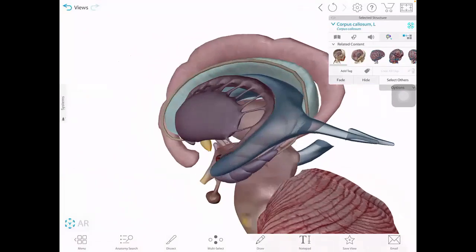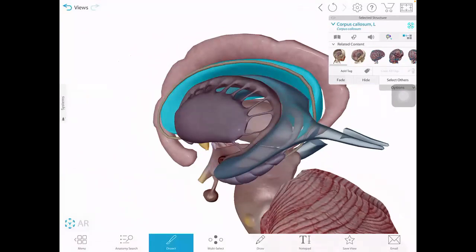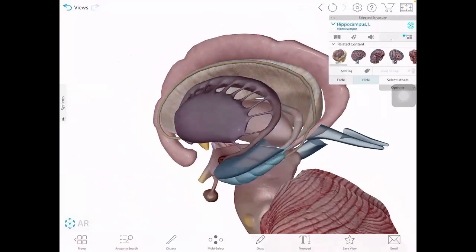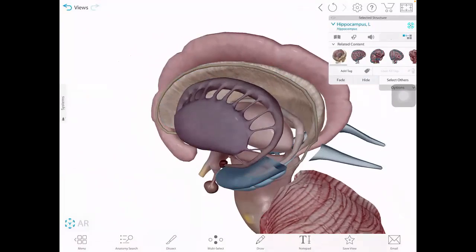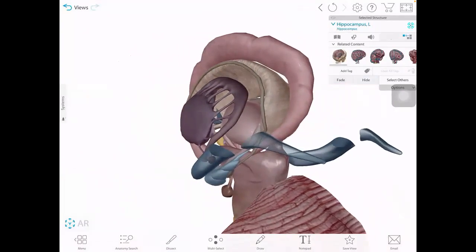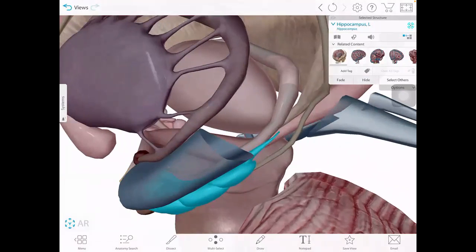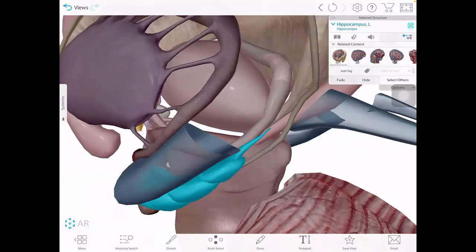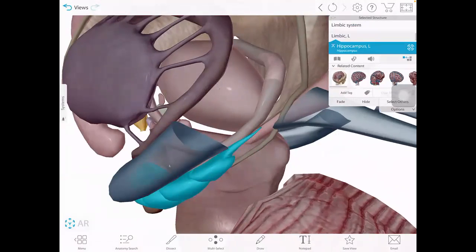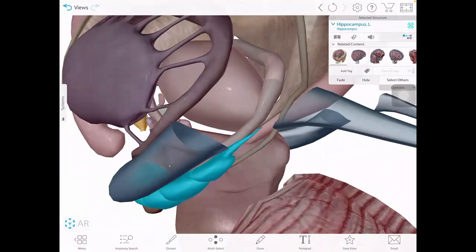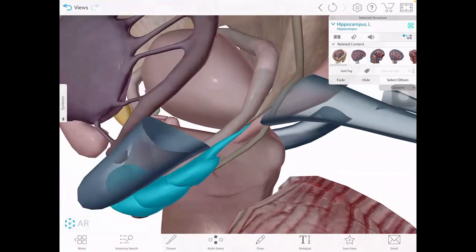And now here, when I dissect the lateral ventricle, you'll be able to see this is your hippocampus, right? So what is this tract? What is this? If I click it, then it shows the answer. But can someone tell me what is this one?